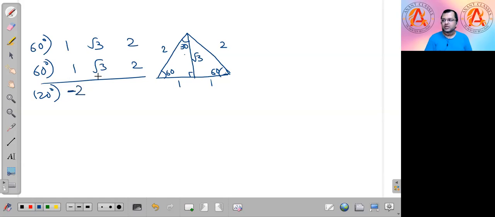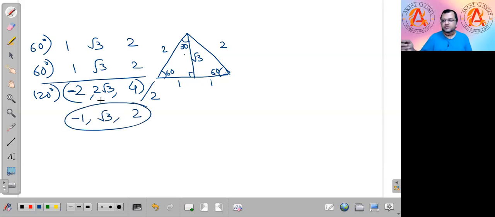And here we have root 3 and root 3, which is 2 root 3. And this is 4. Now I can divide this entire stuff by 2 and I will get minus 1, root 3, 2. This is my 120 degree triple. So all these things can be generated.